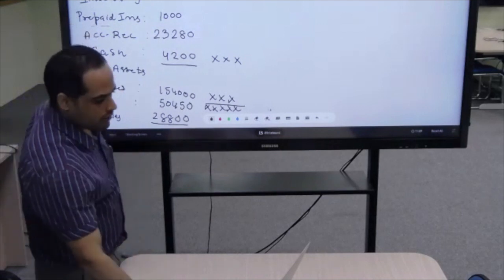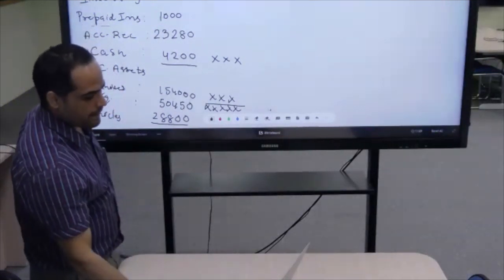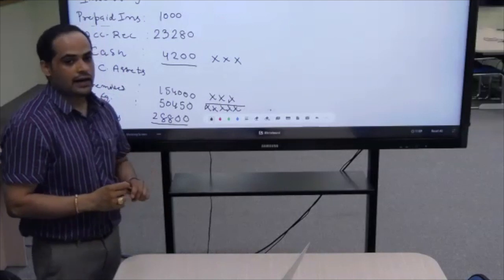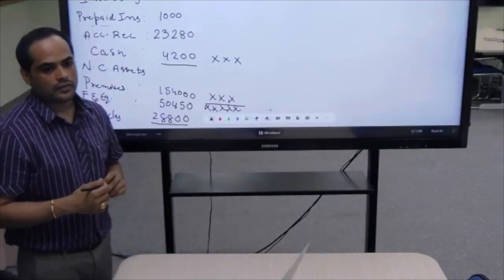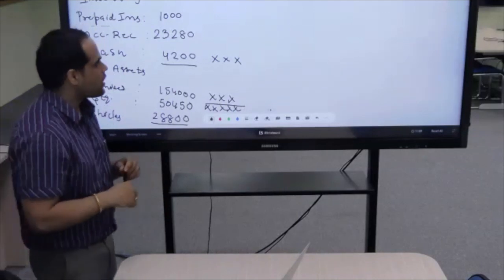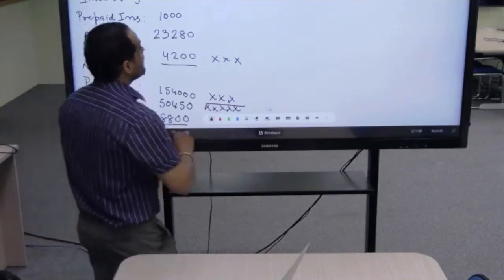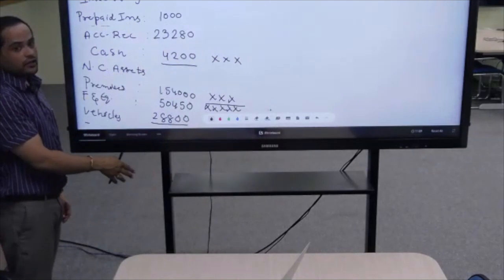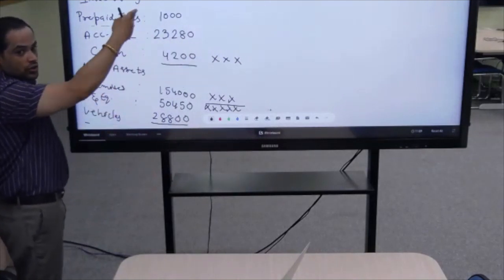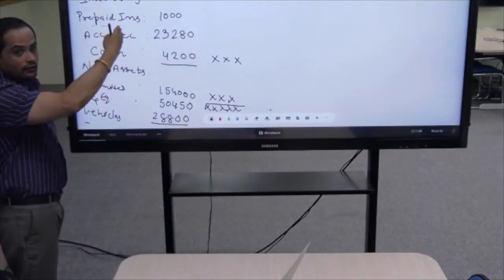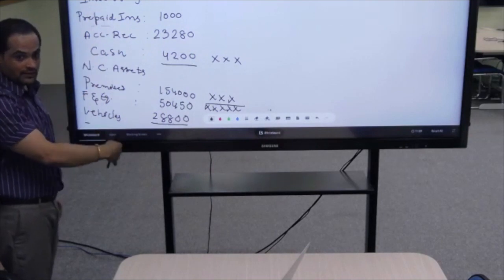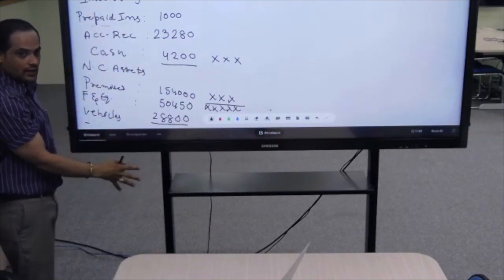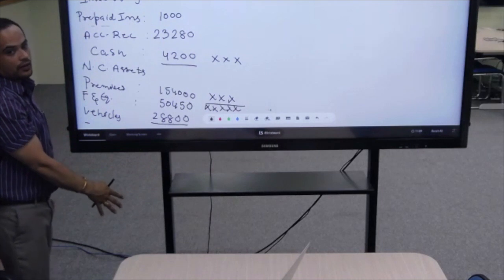Right. Now we move on to the liability and equity. So we start with the liability. I don't have enough space here, so I'm writing on the other side, but make sure when you do your assignment, you write in the vertical format. So assets, then liability, and then equity.